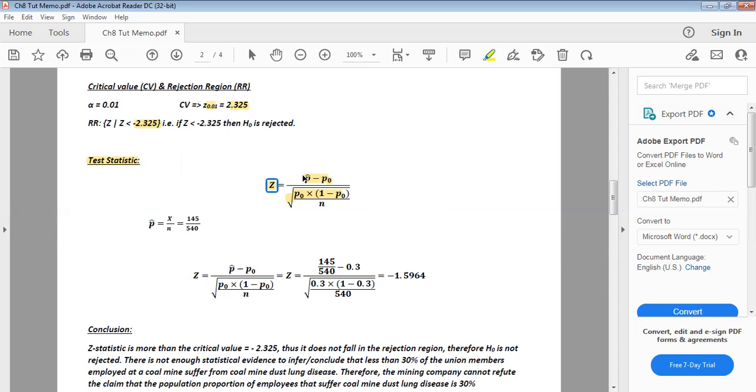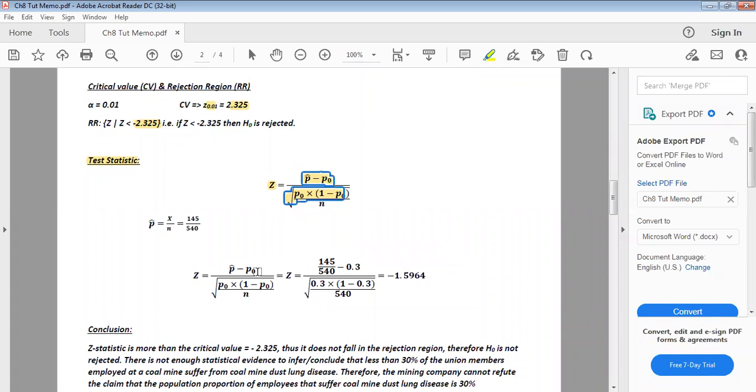So P bar, the first one, is the proportion of the first values of what is given. So we are given x of 145 out of 540. It's just the proportion. So that proportion that we found here was 145 over 540 minus P0.